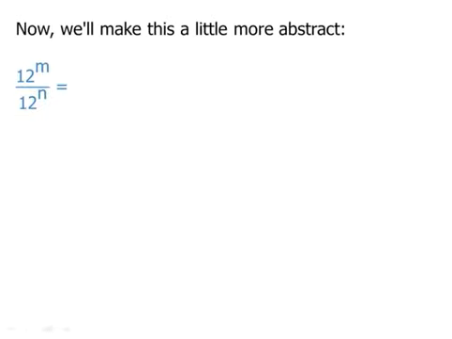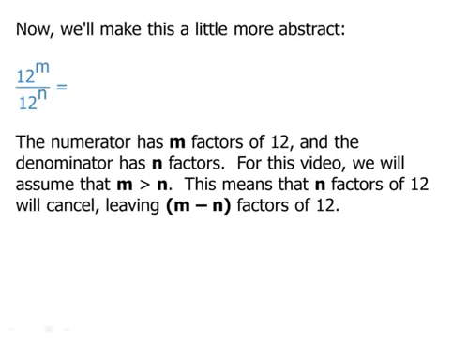We'll make this a little more abstract. 12 to the m over 12 to the n. Well, here we're going to have a fraction, and in the numerator of the fraction we have m factors of 12. In the denominator we have n factors of 12, and we're going to assume that m is greater than n, at least in this video.